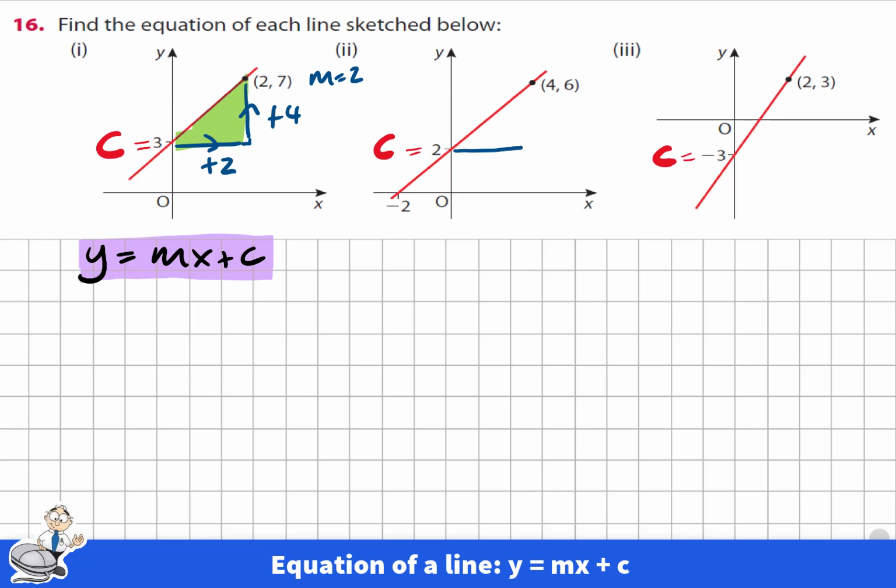In the next one, it seems that when I go out a distance of 4, I go up a distance from 2 up to 6, which is up a distance of 4. The slope here, which is rise over run, will be 4 over 4, which is just equal to 1. And in the last one, I'm coloring the slope triangle here.